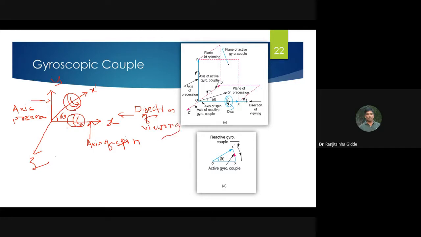Okay. Draw this diagram and write here A. Please refer to the diagram whatever I have displayed on the screen.